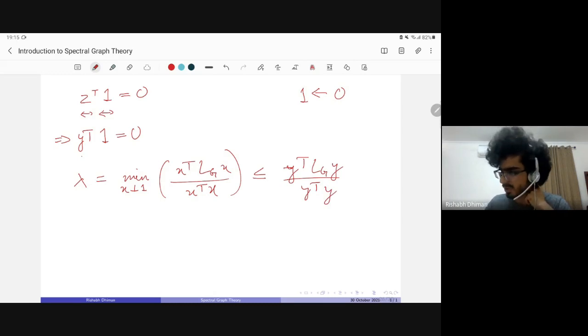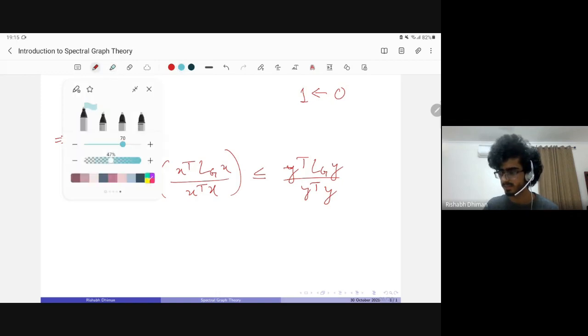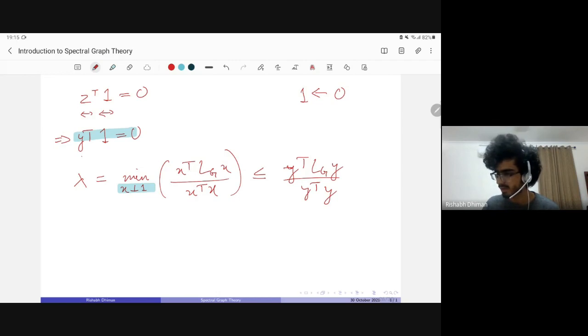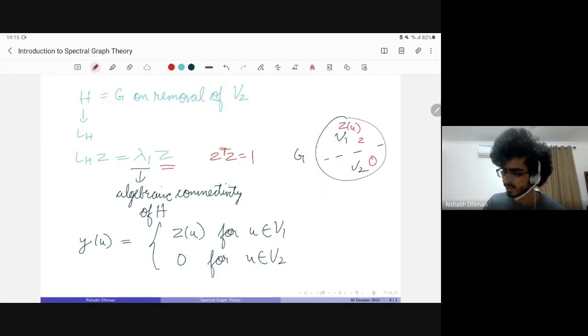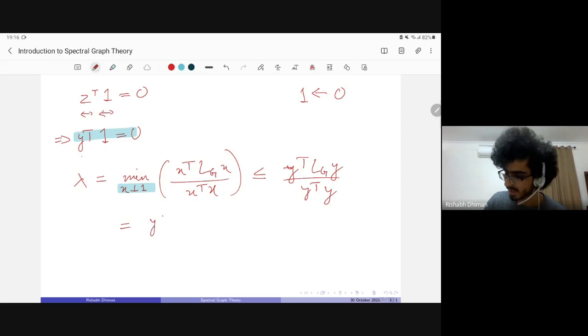This is true because y satisfies this criteria, and we are just taking their minimum. Further, I added the extra constraint that this is 1. So this is nothing but y^T L_G y.